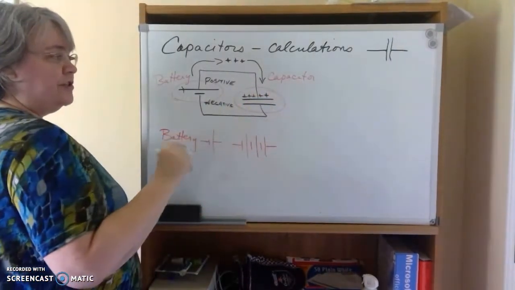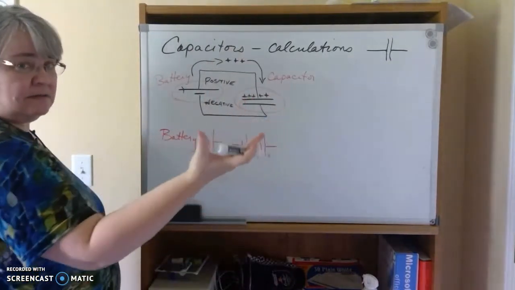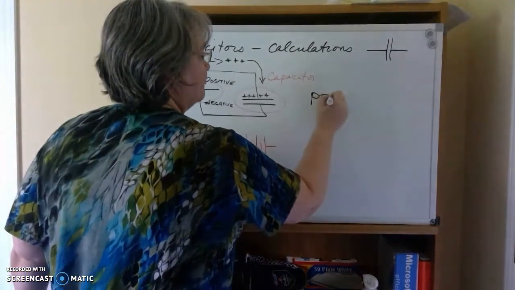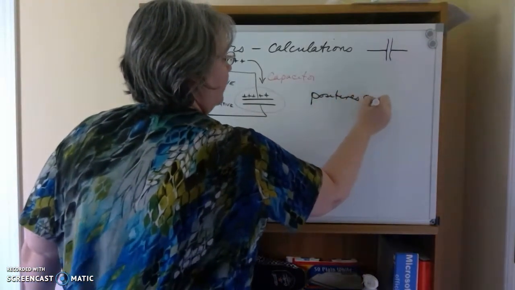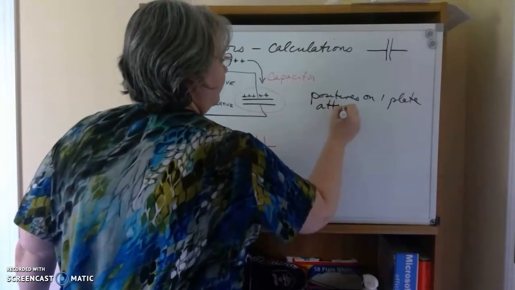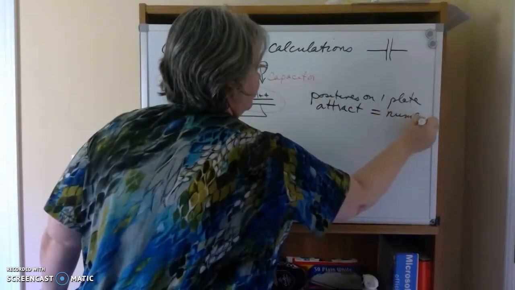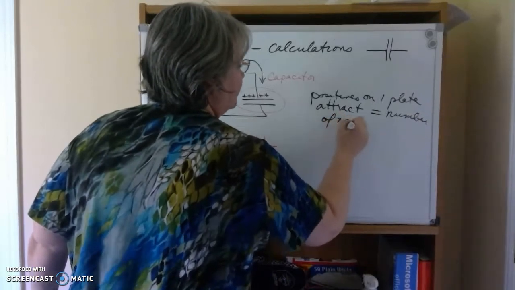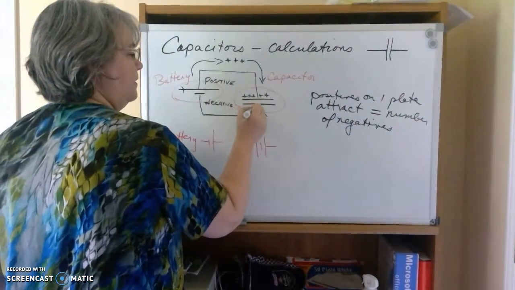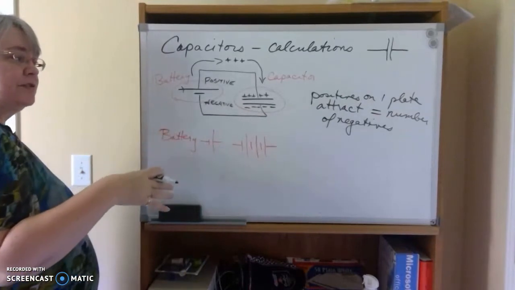Once those charges are deposited on that plate, it attracts negative charges. So positives on one plate attract an equal number of negatives to the other side. And that's a charged up capacitor.